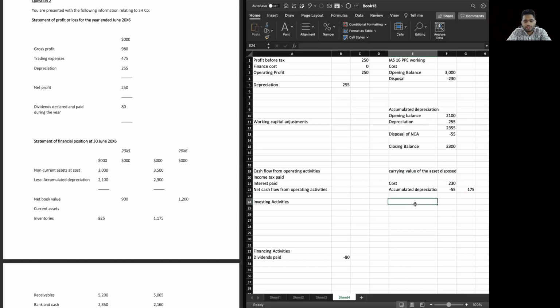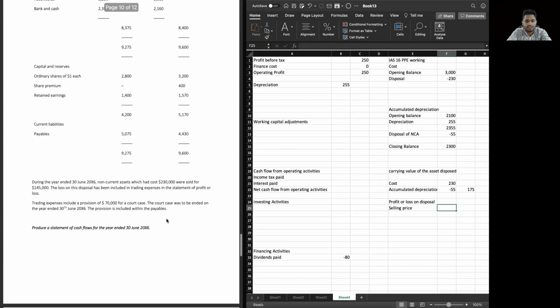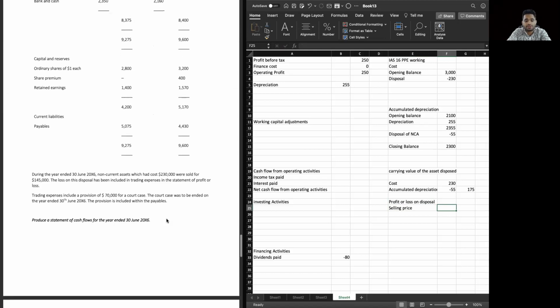Now we need to see the profit or loss on disposal. So it's the selling price, or the sales proceeds, minus the carrying value. So the sales proceeds from this asset is 145,000.